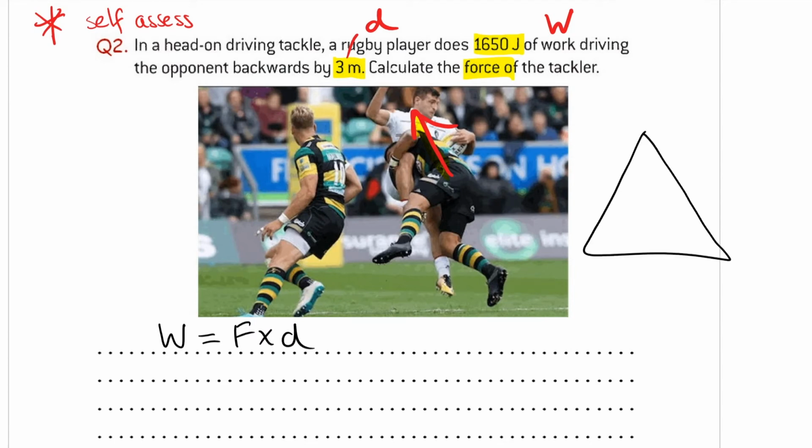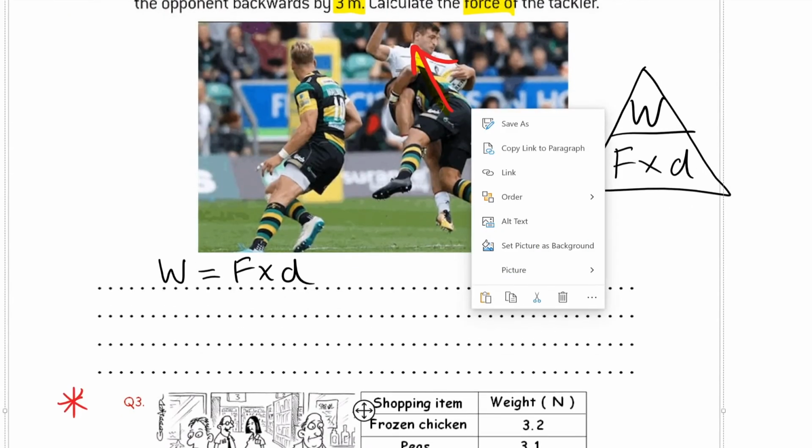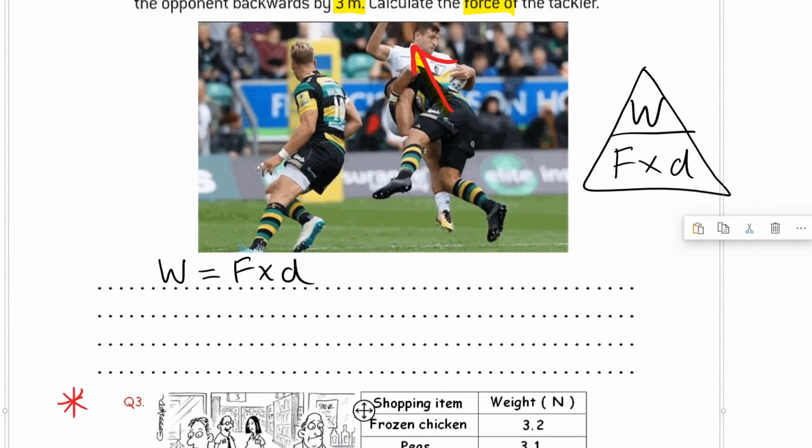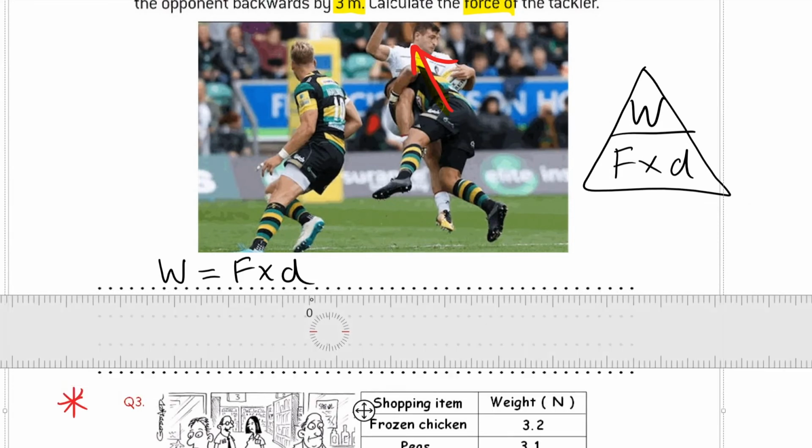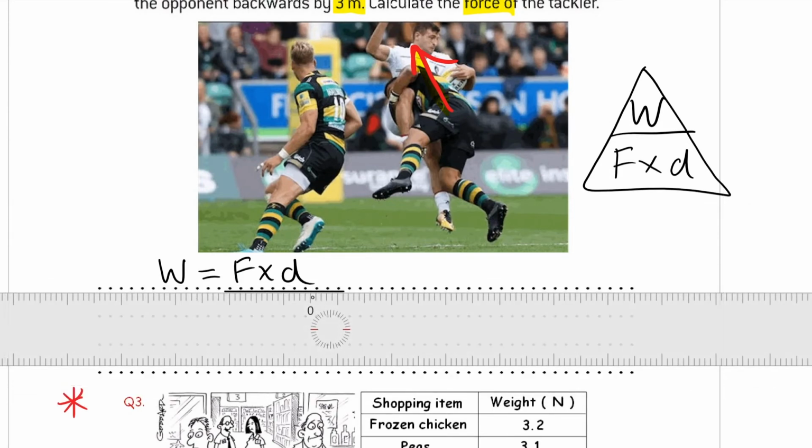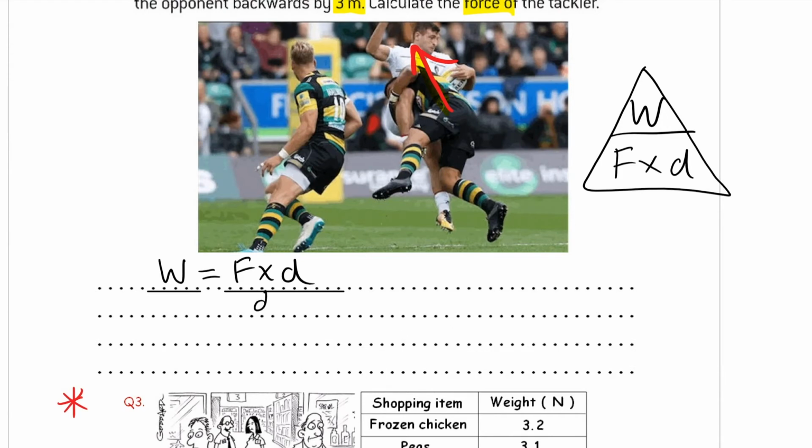And if you wanted to, you can use this triangle method, or you can use a bit of algebra, which effectively means you would divide both sides by D. Okay, so if I divided both sides by D, that would leave us with F equals W over D, or you just use the triangle method here, and you could rearrange that way as well. So whichever way you do it, F equals W over D.